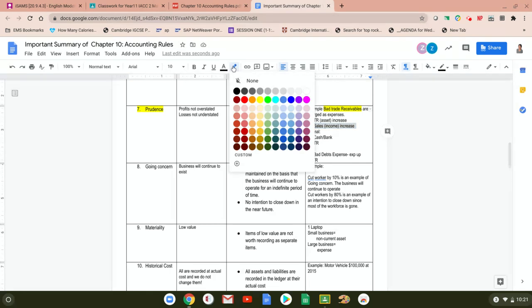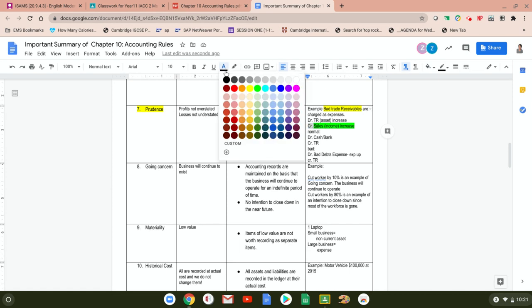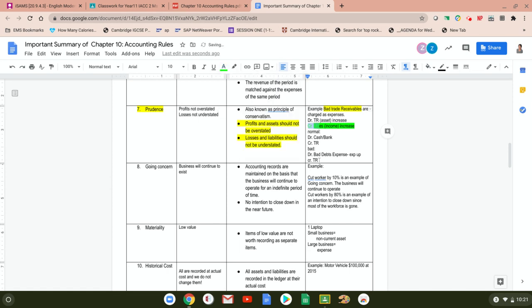You recorded a sale. Then you realize that this is not happening because you are not actually collecting from that customer. So you remove that income account, a credit, and make it into a debit, bad debts expense.